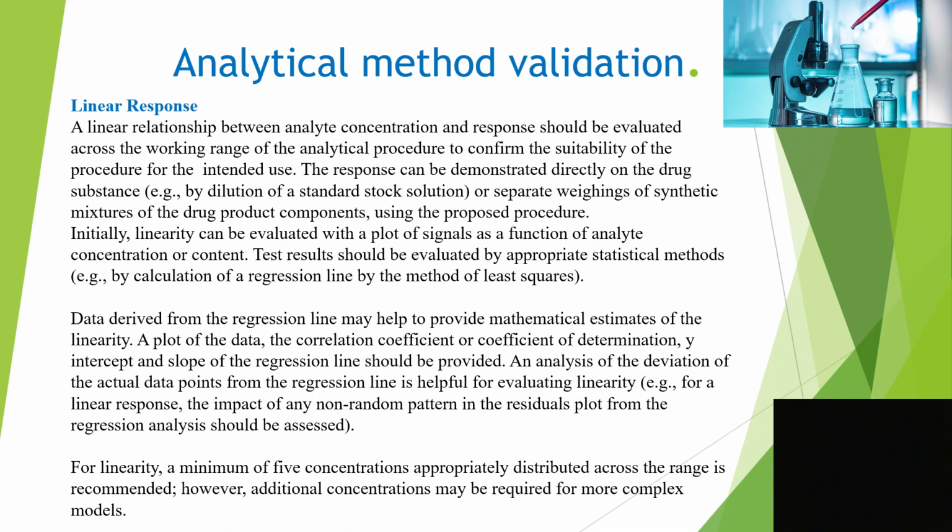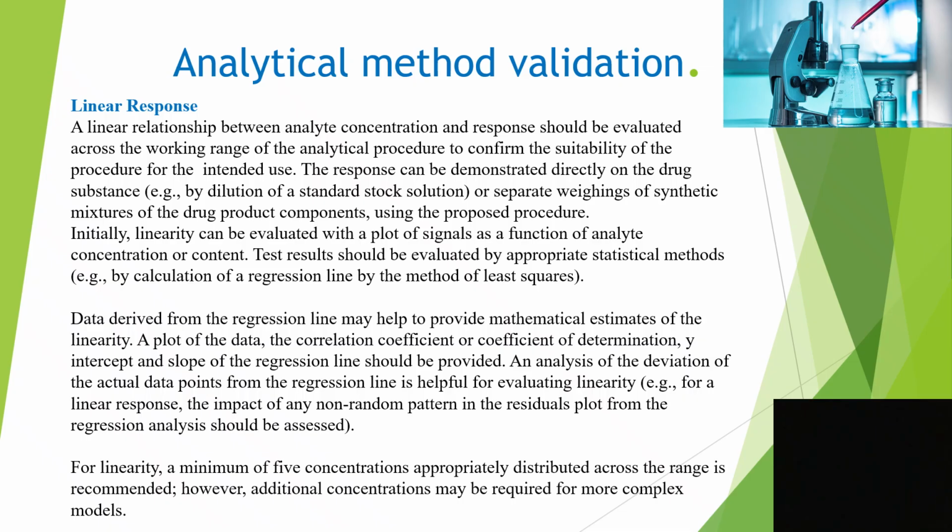So data derived from the regression line may help to provide mathematical estimates of the linearity. A plot of the data, the correlation coefficient or the coefficient of determination, y-intercept and the slope of regression, that should be checked for the linearity. Means regression to be checked along with the x and y intercept with the coefficient of determination criteria.